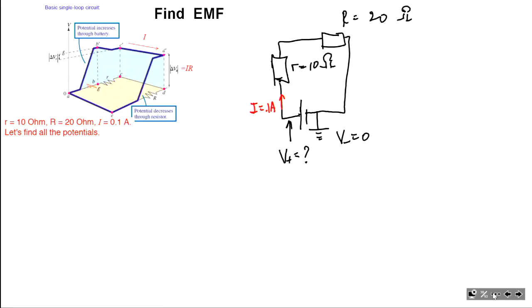Okay. If we know electric current and resistance, we can calculate voltage. So delta V1 will be equal to little r times I, 10 times 0.1, 1 volt.